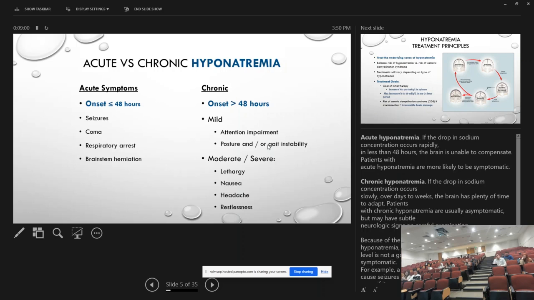So if you identify seizures in a patient, you're going to treat them a lot different than a lethargic patient, right? You're going to want to change their sodium back to normal, closer to normal, a lot quicker in this category than this category. So your treatment's going to be more aggressive. Your change in sodium is going to be more aggressive.